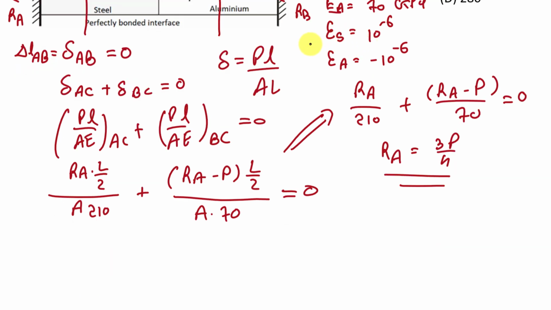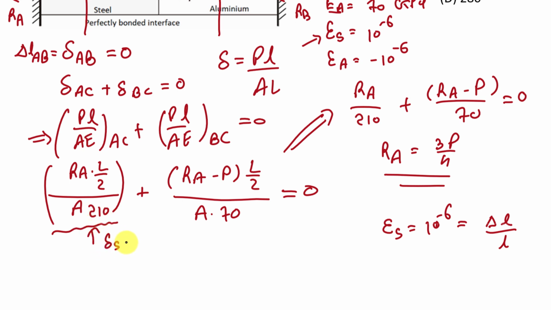Now see, here we have the strain in the steel bar, given as epsilon s equal to 10 raised to minus 6. And we know that engineering strain is equal to change in length divided by initial length, right? Here the change in length is nothing but the deformation in this steel bar, and that is given here.